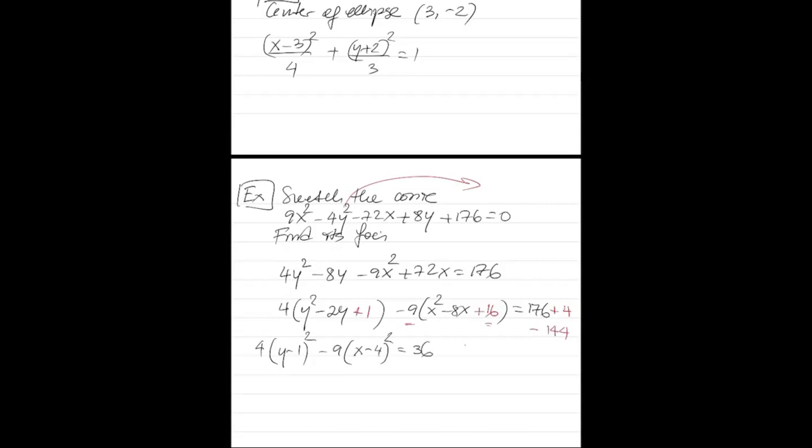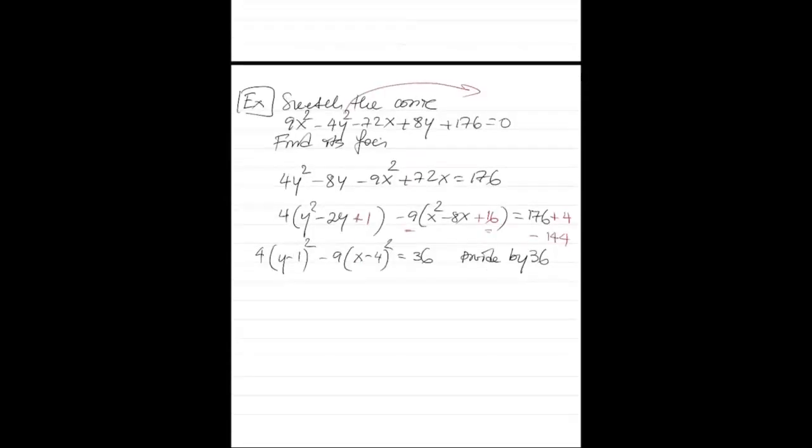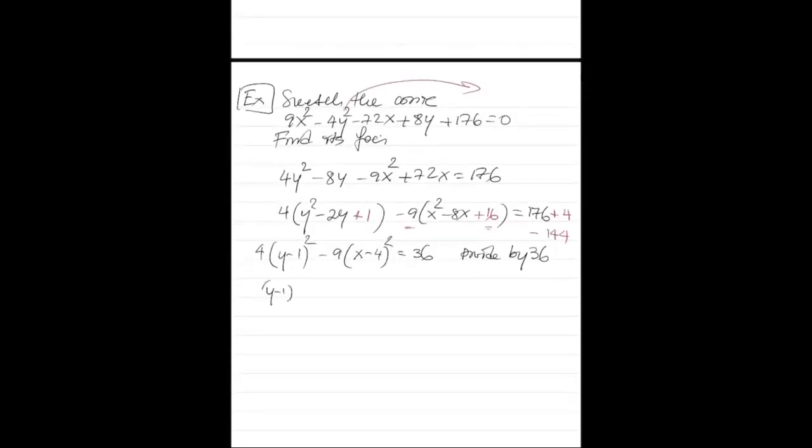So let's divide by 36. And we have y minus 1 squared over 9 minus x minus 4 squared over 4 equals 1. This is the equation.